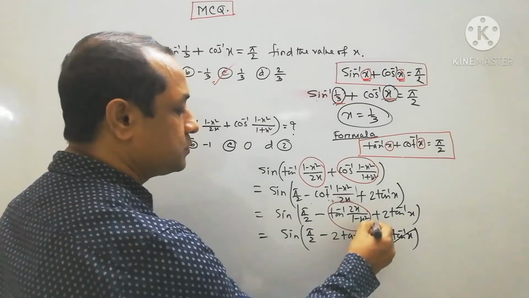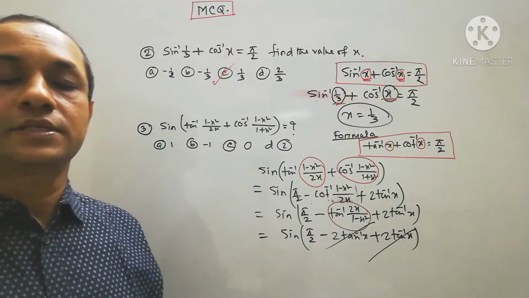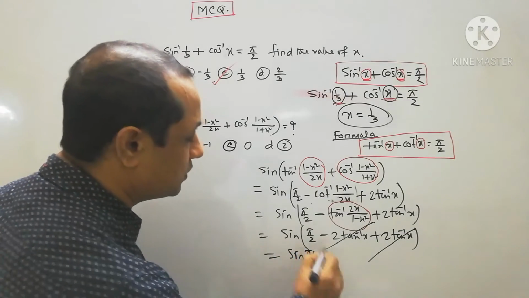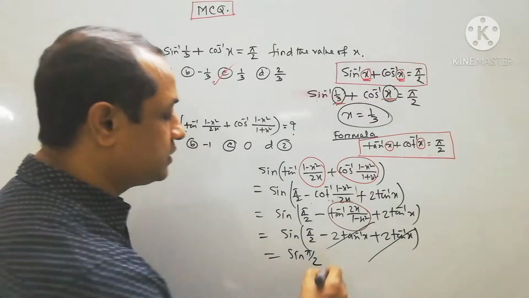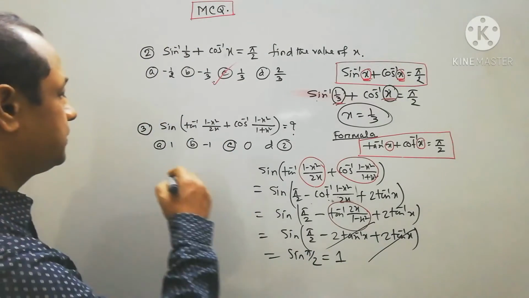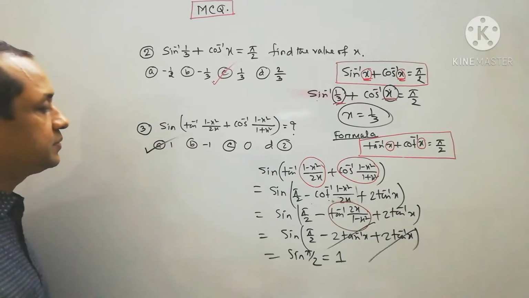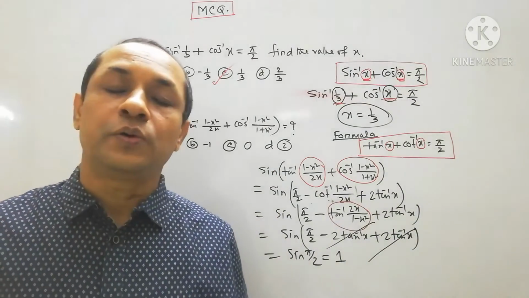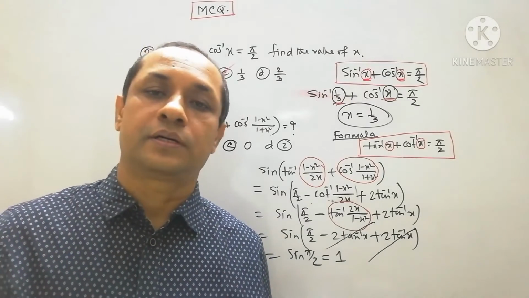So tan inverse and 2 tan inverse cancel. Then we get sine pi by 2. We know that sine pi by 2, sine 90 degree equals 1. So the answer will be A, which is 1. I hope you are clear, student.